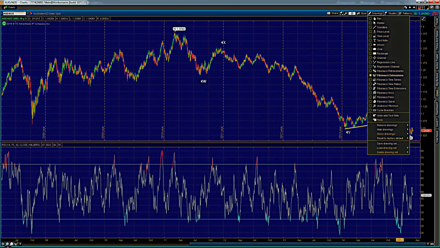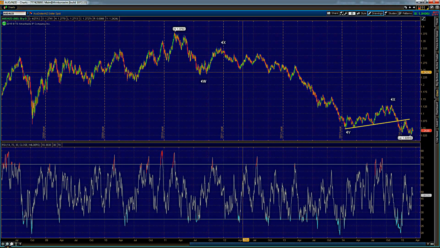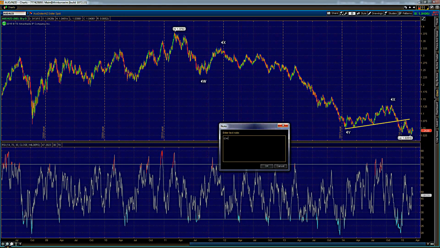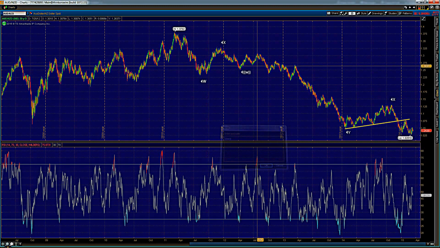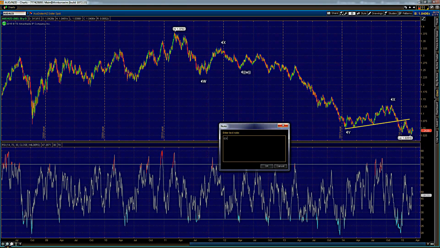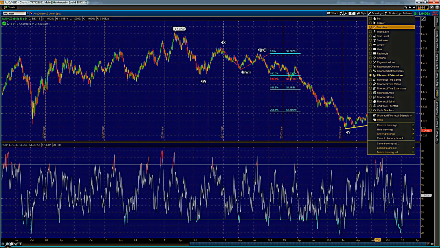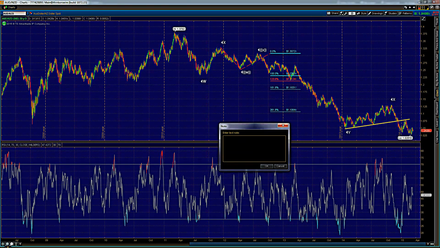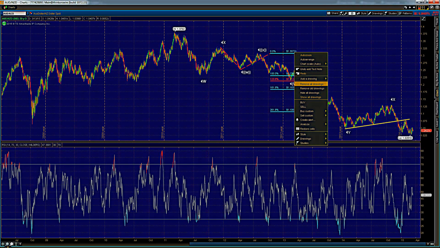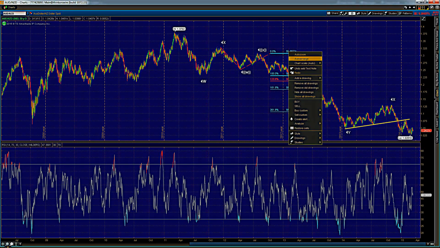And what I mean by that is, just so you all can see it, we hit the 123.6 here, and this would be a part of the inside single parenthesis W. We can move this extension.